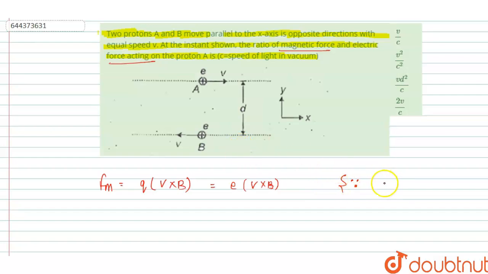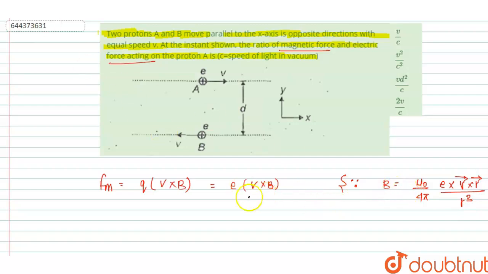The magnetic field is B = mu naught upon 4 pi into q, where q is equal to e, into v cross r upon r cubed. This is the value of the magnetic field.